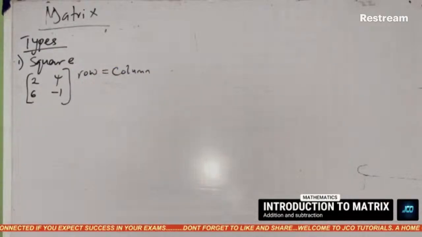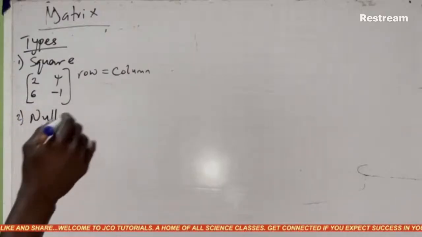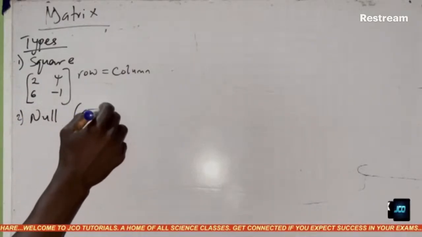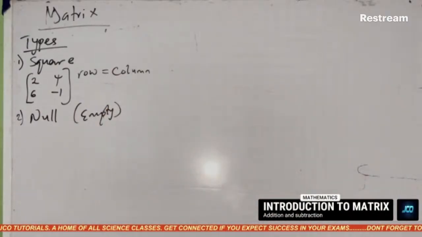We have 2 rows here and we also have 2 columns there. That is what defines the square matrix. And we also have a null matrix. Just to mention a few. Null simply means empty. Empty in the sense that it has only 0. Nothing is inside for the null matrix.